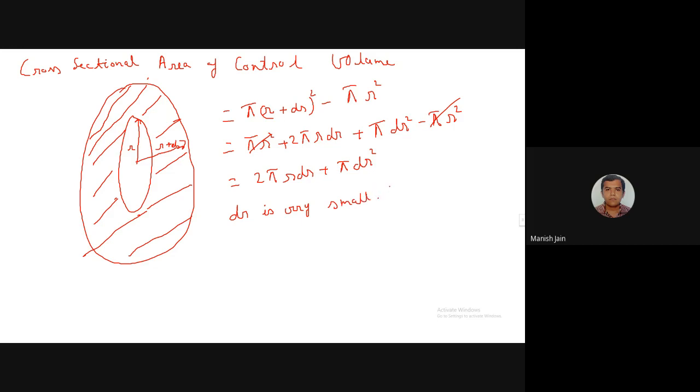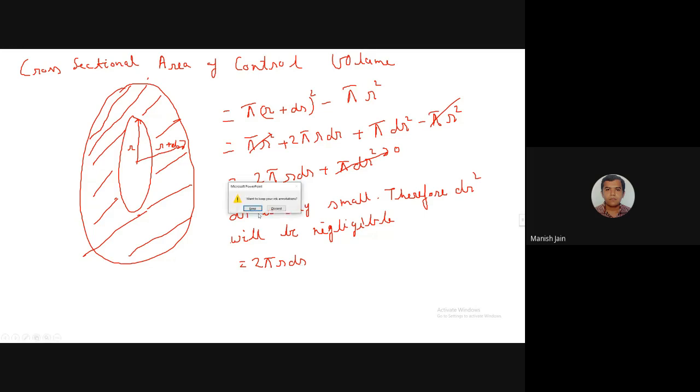Therefore, dr square will be even smaller, negligible. So you can neglect this quantity. You will get cross sectional area 2 pi r dr. Okay. So this is the cross sectional area.